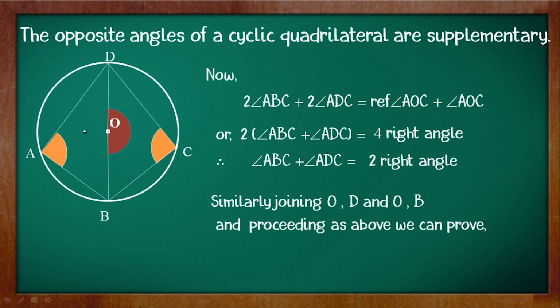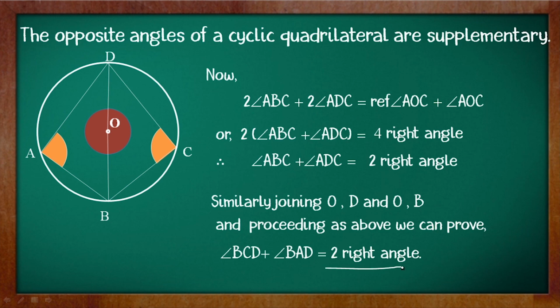So the angle at the center will be twice the angle at the circle. Again, adding these, we get that the sum of these angles will be 360 degrees, a complete angle. So by proceeding as before, angle BCD plus BAD will also be 2 right angles.